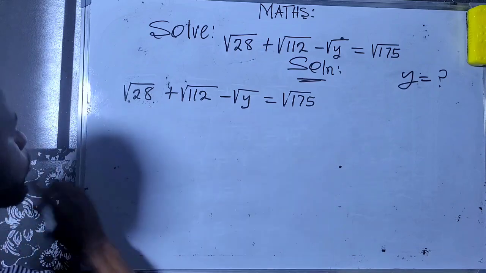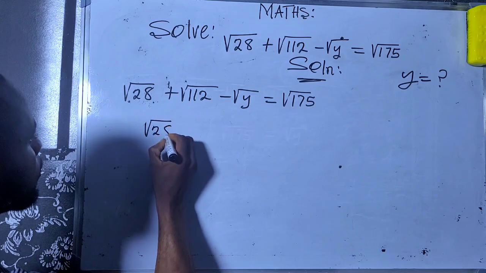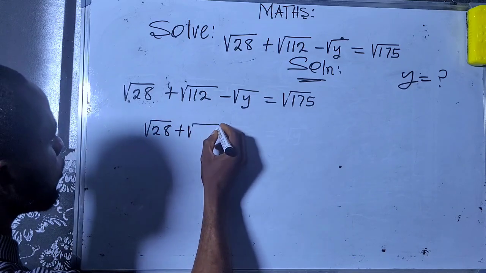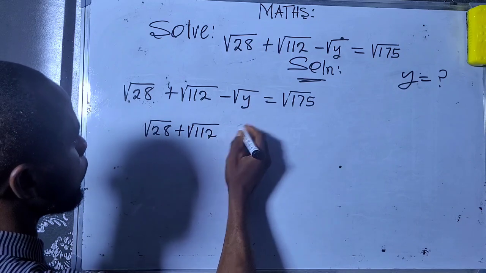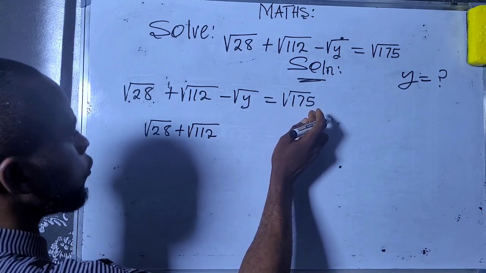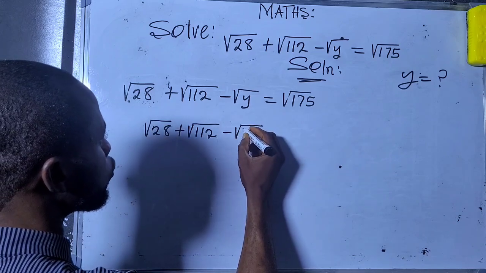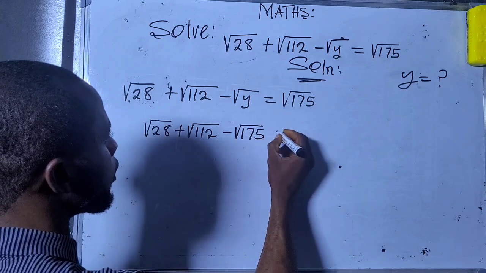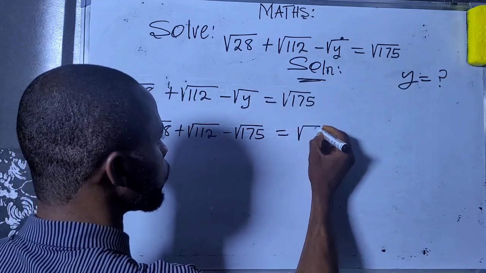If you do that, you're going to have square root of 28 plus square root of 112. If you move square root of 175 to the right hand side of the equation, it becomes minus square root of 175. If you move minus square root of y down here, it becomes plus square root of y.